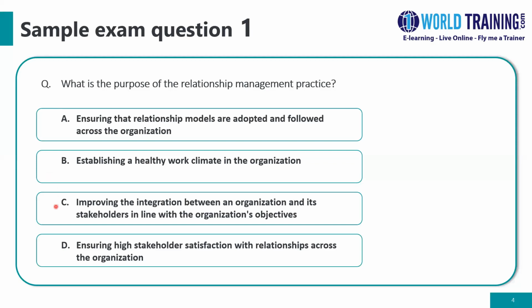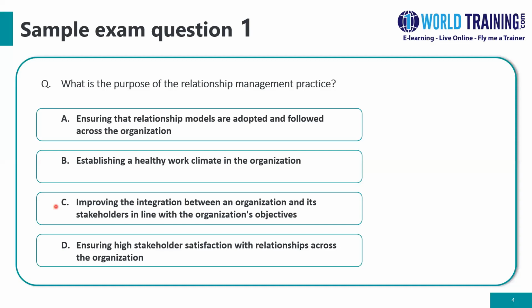Option C, improving the integration between an organization and its stakeholders in line with the organization's objectives. This would be correct because the purpose of the practice is to establish and nurture the links between the organization and its stakeholders at strategic and tactical levels. The word integration in option C means the same as the links to be established and nurtured.